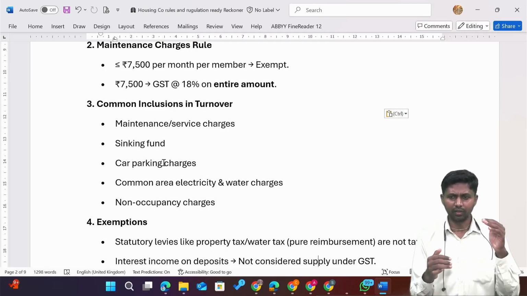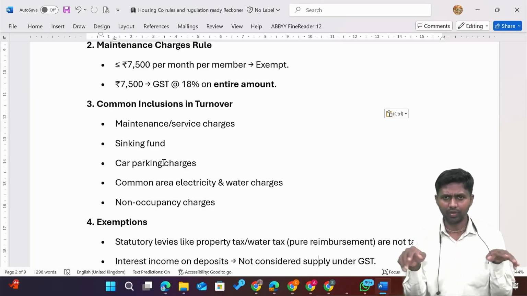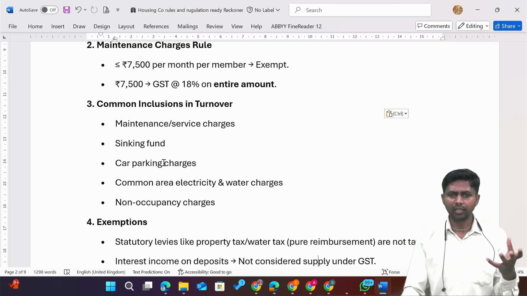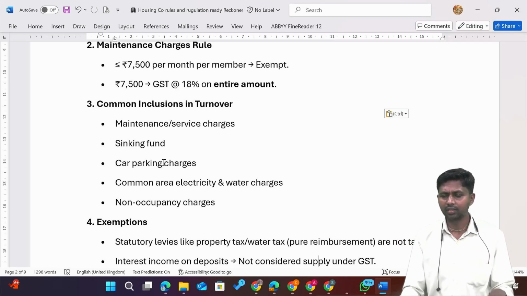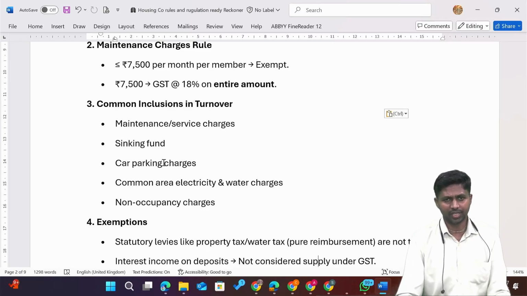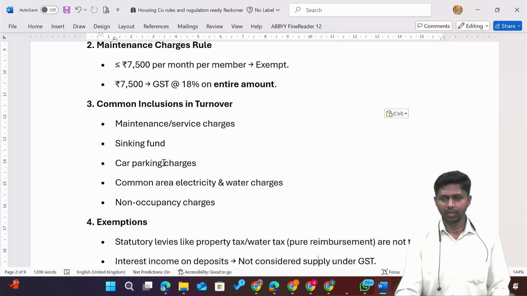If the credit side of your income and expenditure account is going above 20 lakhs, then you get the indication, and then check the turnover criteria as well, what is included and what is not, and then you can figure out whether GST is applicable or not.